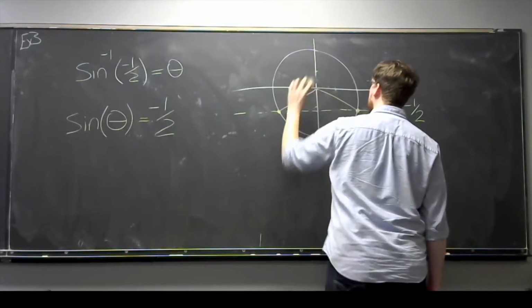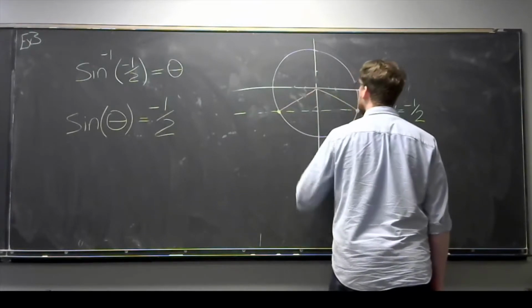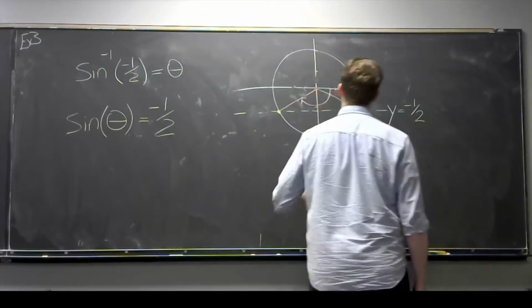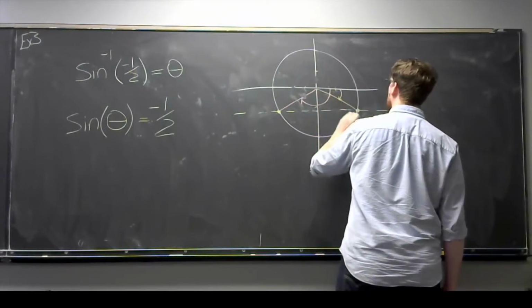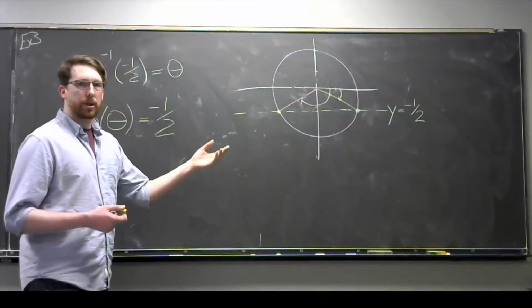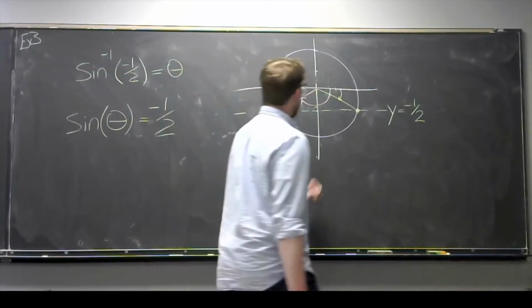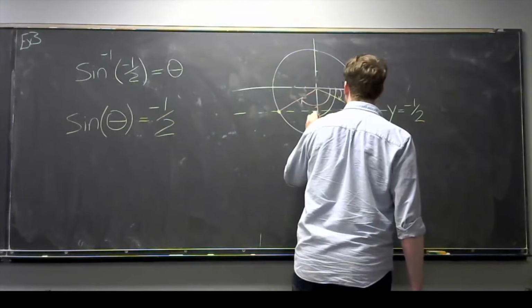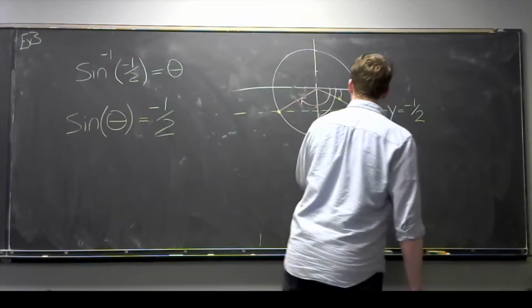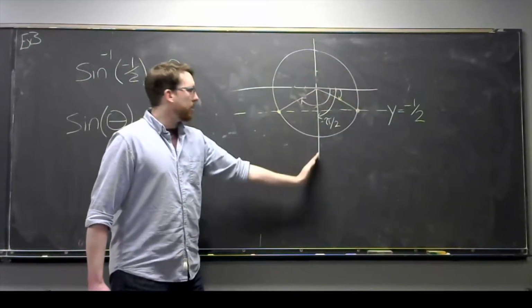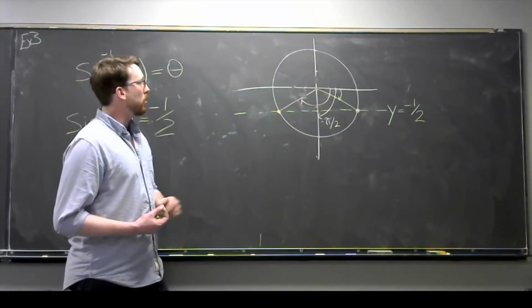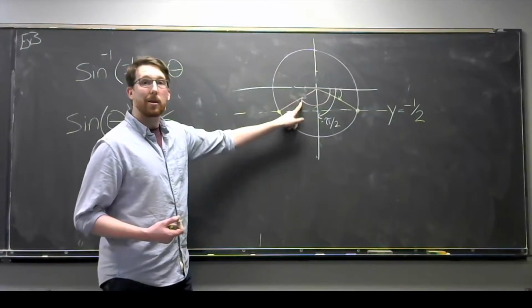Now notice, moving in this direction, negative pi over 2 happens here. It happens at the y-axis. So we know we can't include this point, right?